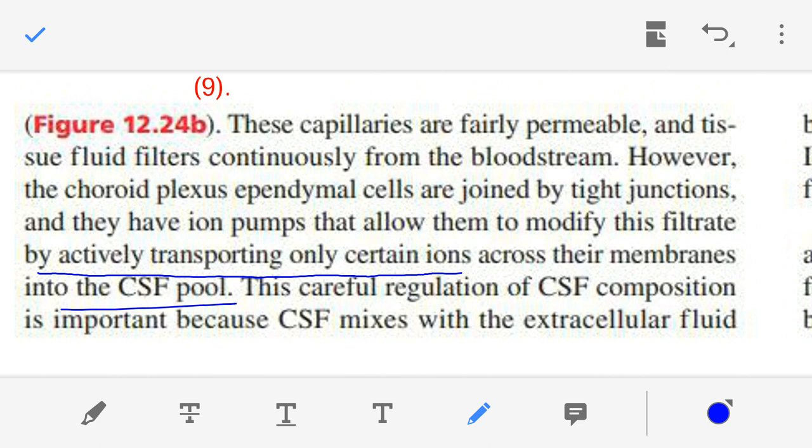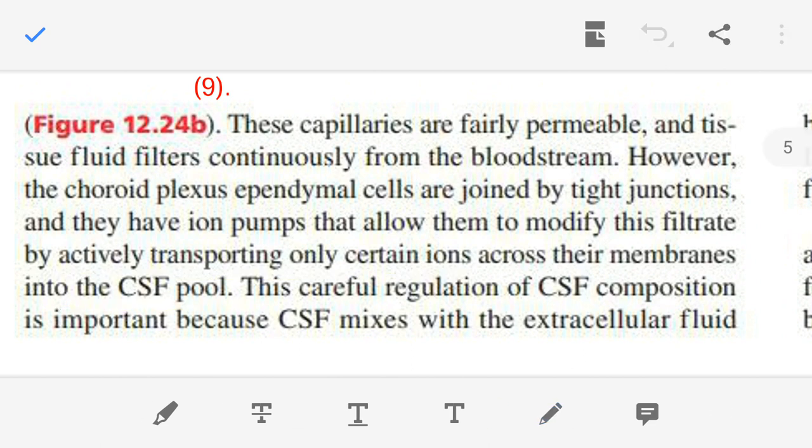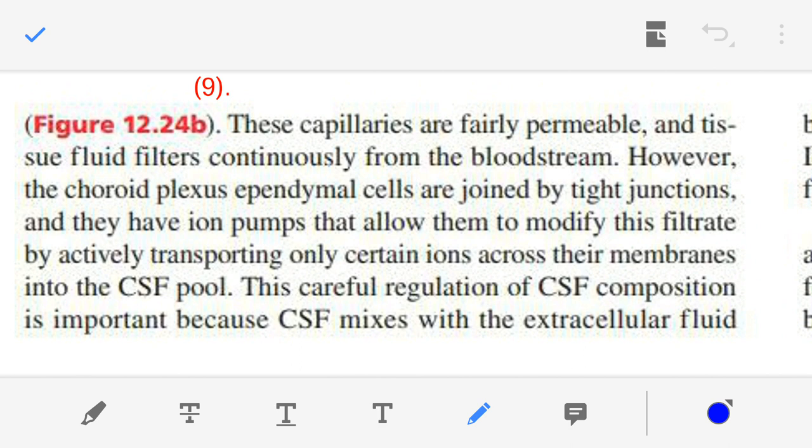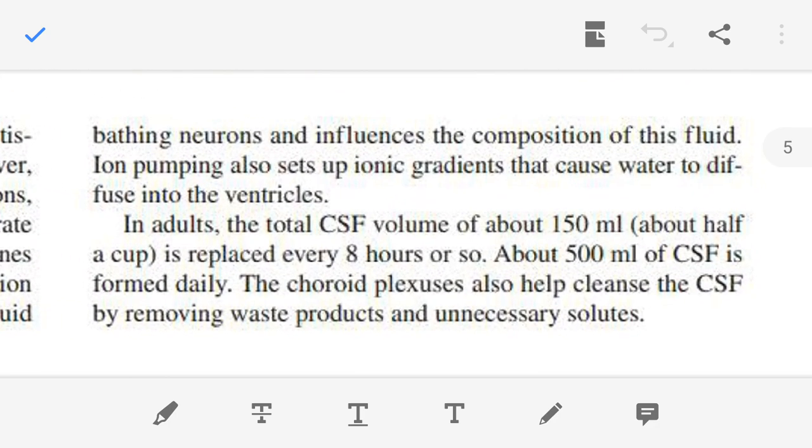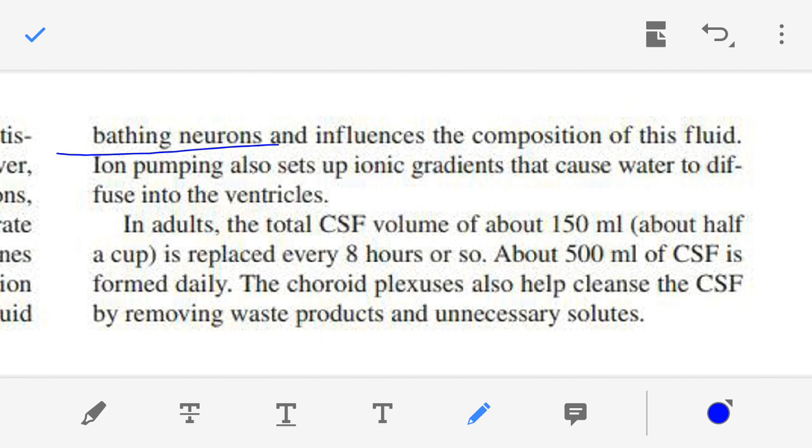Then if we see the composition of CSF, we will find that CSF also mixes with the extracellular fluid, and together both of them are bathing the neurons of brain and spinal cord.